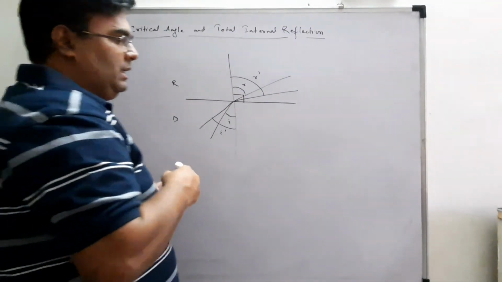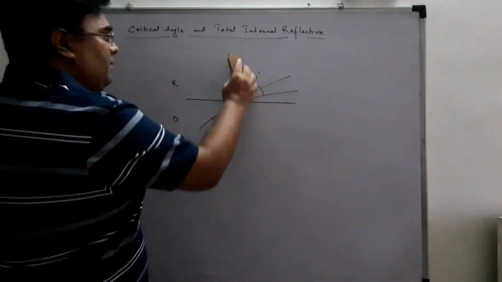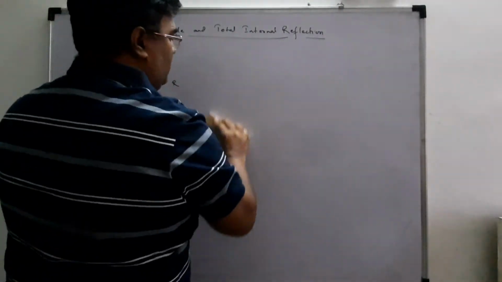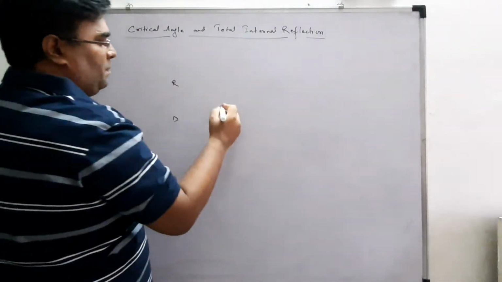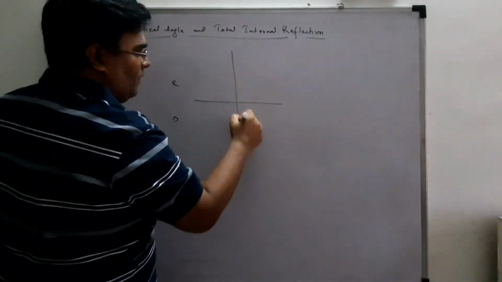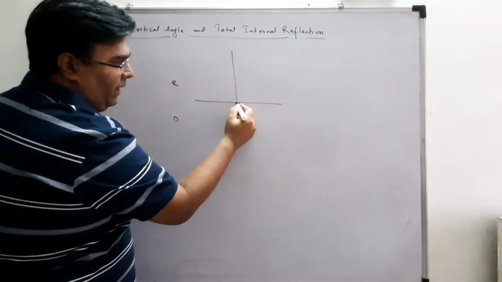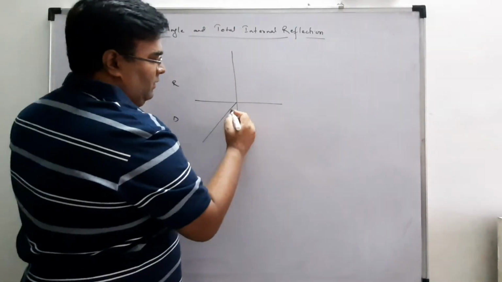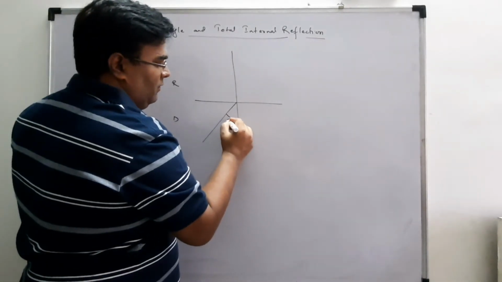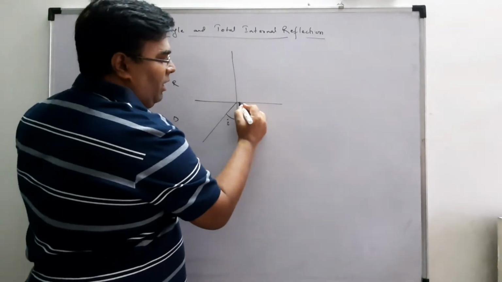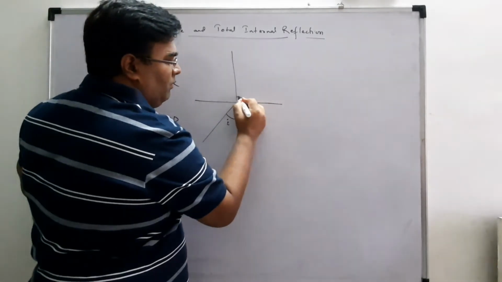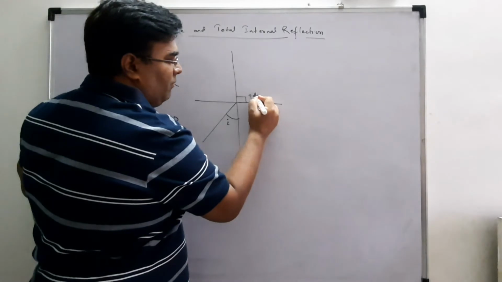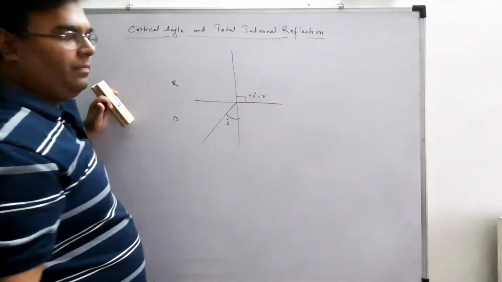So let us draw this again. I have increased my angle I to such an extent that my R has become 90 degrees.